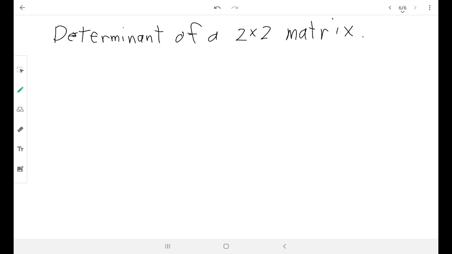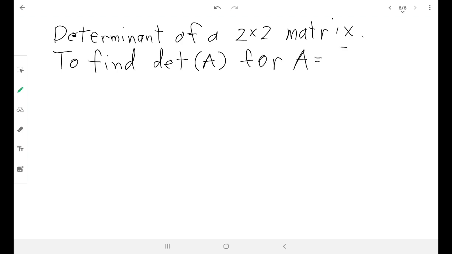So determinant of a 2 by 2 matrix. And we'll go through this as well, okay? To find the determinant of A, that's the notation right there. To find the determinant of A for, let's say we've got matrix A, which I'll just call A, B, C, D again.